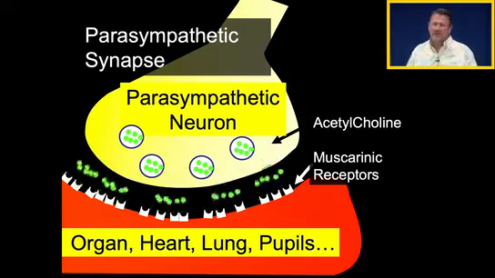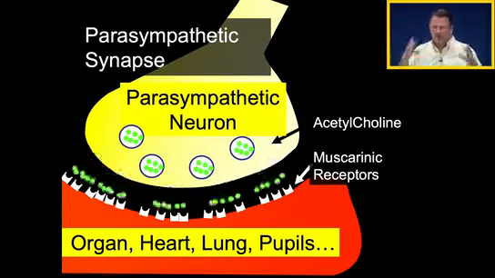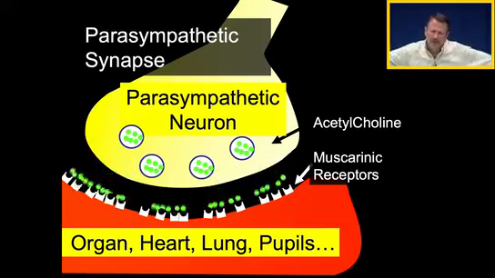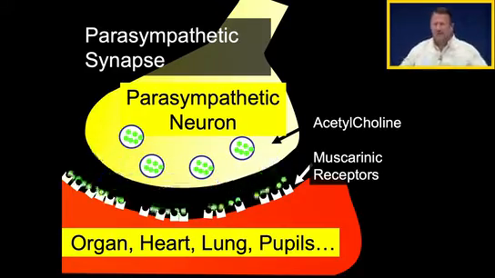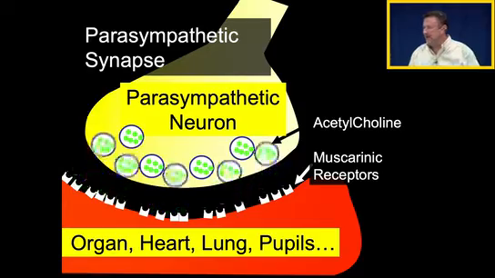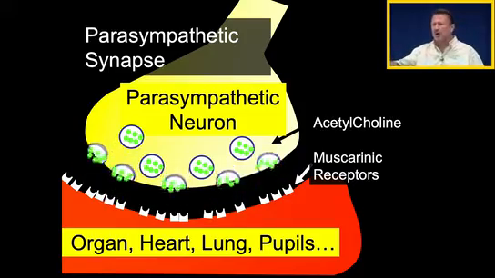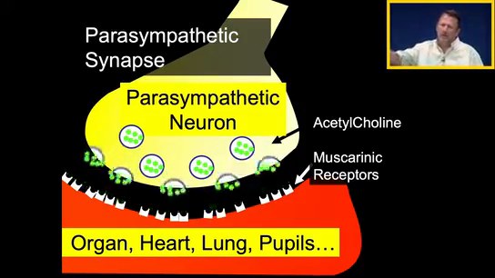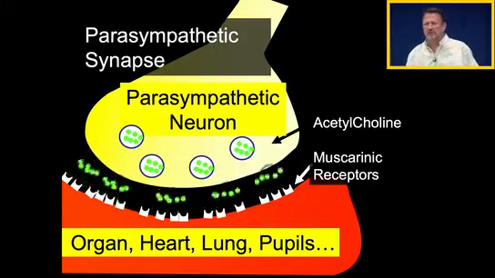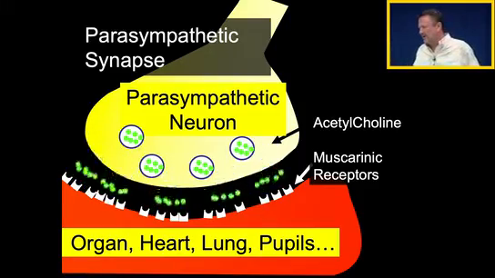However, there are other parasympathetics going to your pupils, and to your lacrimal and salivary glands as well. All of the neurons that end up terminating on an organ will release acetylcholine, and those receptors will be called muscarinic.